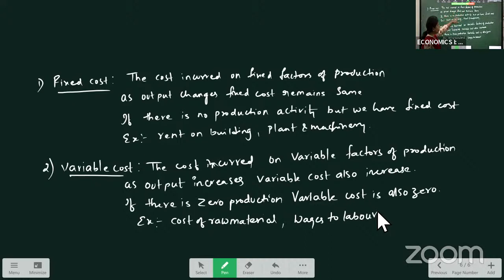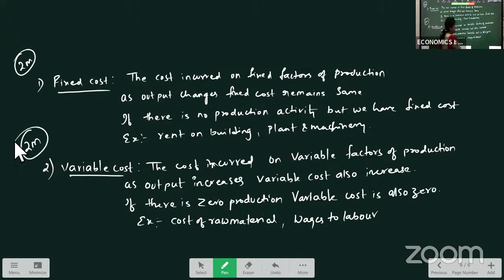If there is zero production, we still have fixed cost. Okay. Variable cost, the cost incurred on variable factors of production. As output increases, variable cost also increases. So if there is zero production, variable cost is also zero. Like cost of raw material, wages to the labor, etc. So this much you should write for your 2 marks questions.